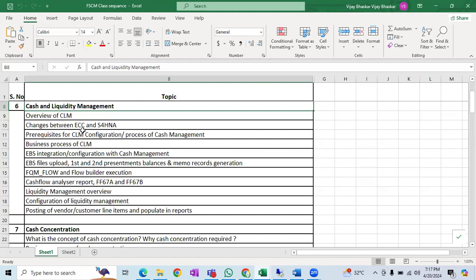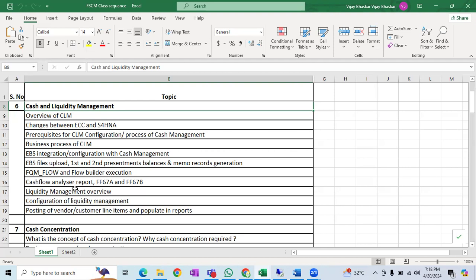This we are going to discuss in detail, and what the configuration steps are for this, as well as what the FQM_FLOW table is and how it is going to work.